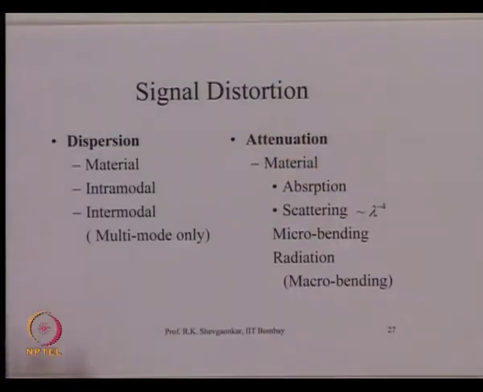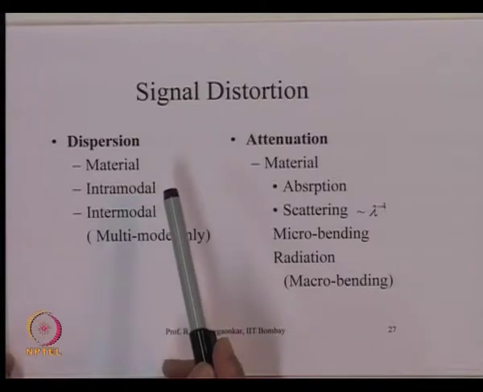Now we have seen a dispersion phenomenon when we were discussing the ray model, that if you put a pulse energy inside an optical fiber, the pulse energy travels by different paths in the form of different rays, and as a result the rays do not reach the other end of the fiber at the same time, and you have a broadening of the pulse. This phenomenon we call dispersion because of the multipath propagation of light inside the optical fiber.